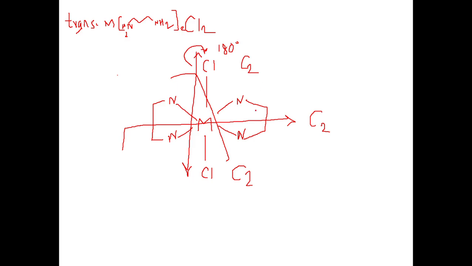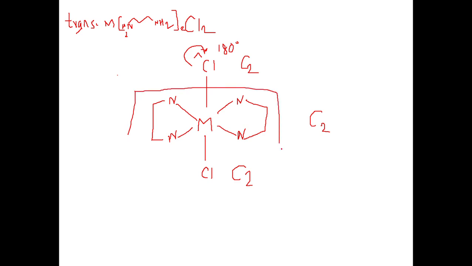Now we will check the other planes present here. Is any plane of symmetry present? Yes. If we pass a plane perpendicular to the principal axis, considering this axis passing through the metal as the principal one, this way, that is the sigma h horizontal plane, and you get an indistinguishable image from the original one.